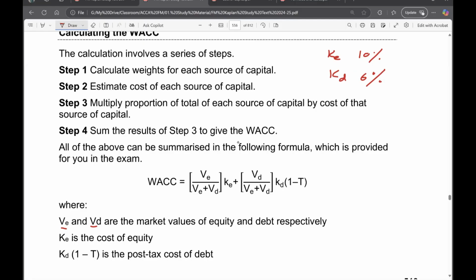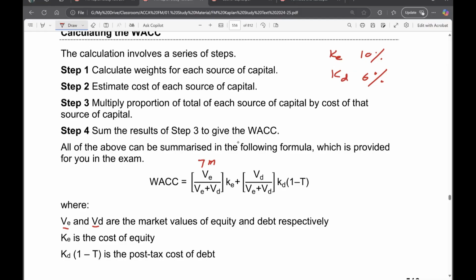Now, what is the market value of equity? We will learn how to find it. And what's the market value of debt? We will learn how to find it. Let's say the money that you acquired through equity is 7 million.